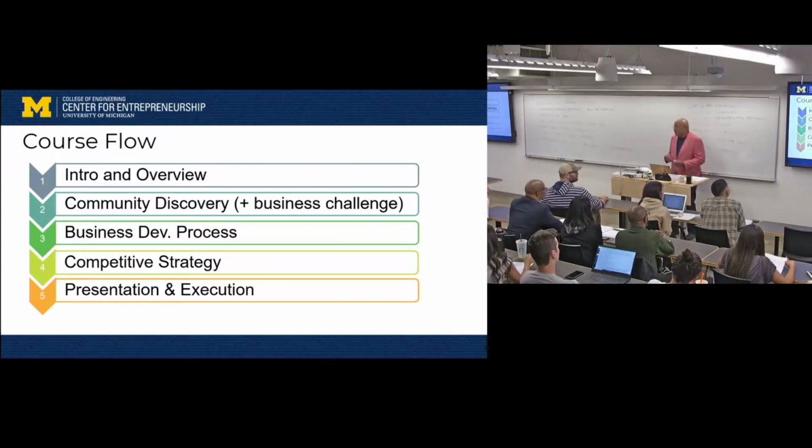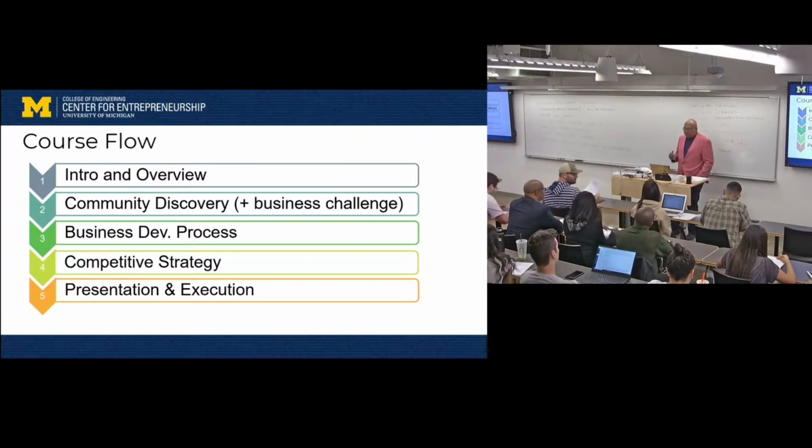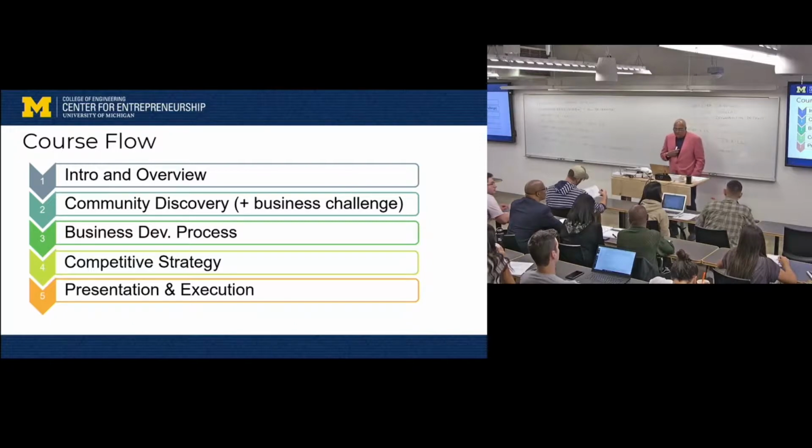And this is where the students get familiar with the community they're working with and get familiar with the entrepreneur that they're working with. And so this week and next week are very important from the standpoint of getting to know these entrepreneurs and selecting which business venture you want to work with.